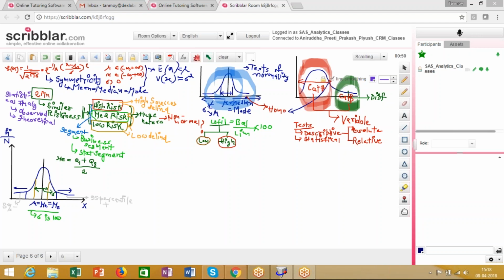When we do this, you'll see that all the results fall in sync with one another. If the descriptive measures are passed, then by default you will also see that the statistical models are passed. We generally say that mean equals median equals mode, but that is a theoretical possibility.